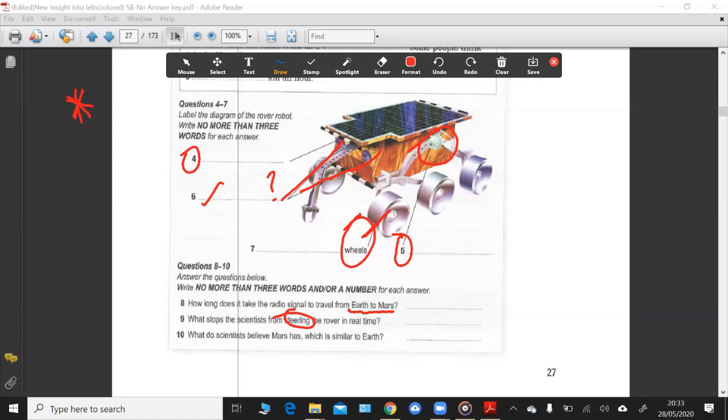Number 10, what do scientists believe Mars has, which is similar to Earth? When the scientists go to Mars using this robot, they find some kind of similarity between the Earth and Mars. What kind of similarity is that? Can you make a guess?